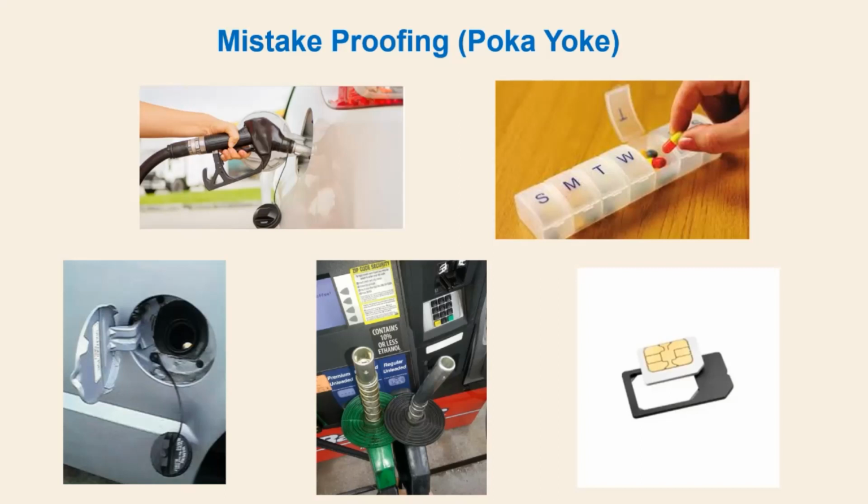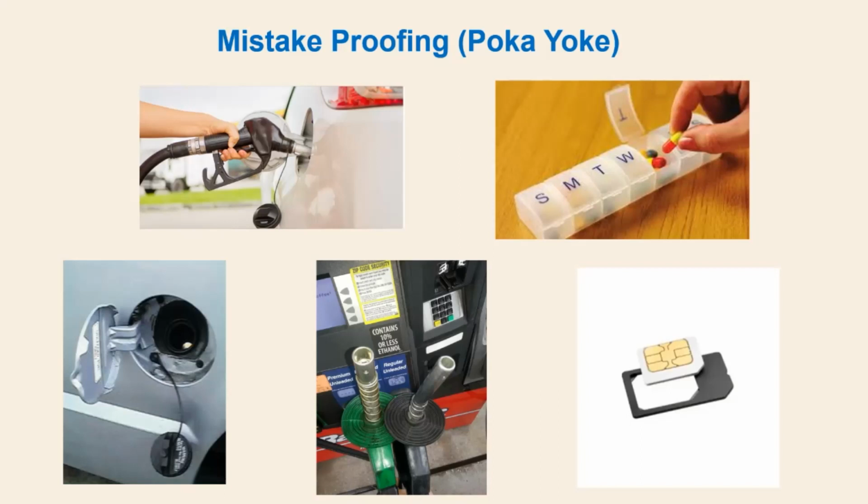We never know. So most countries, including Sri Lanka, have different colors for different types of fuel. Like usually in the United States and other countries, they use green for diesel and black or yellow for petrol. So people know that.